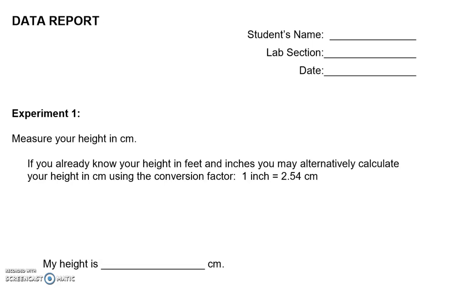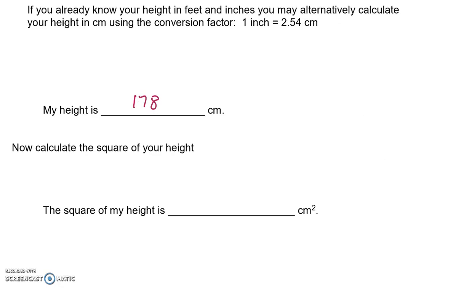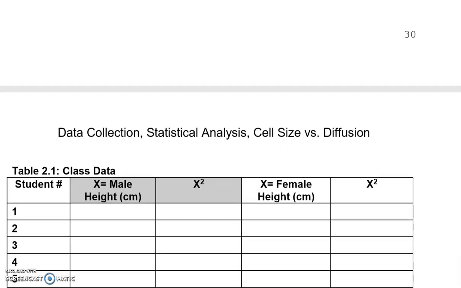We're going to round this to the nearest centimeter, so I am 178 centimeters tall. And if I square that number, that turns out to be 31,684 square centimeters.